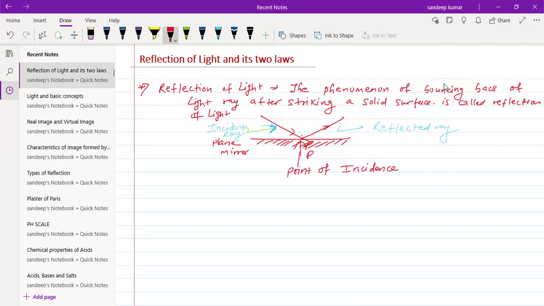If you draw a 90-degree line, this is called the normal. See the angle made by the incident ray and this normal, this angle is called I. This angle I is the angle of incidence.